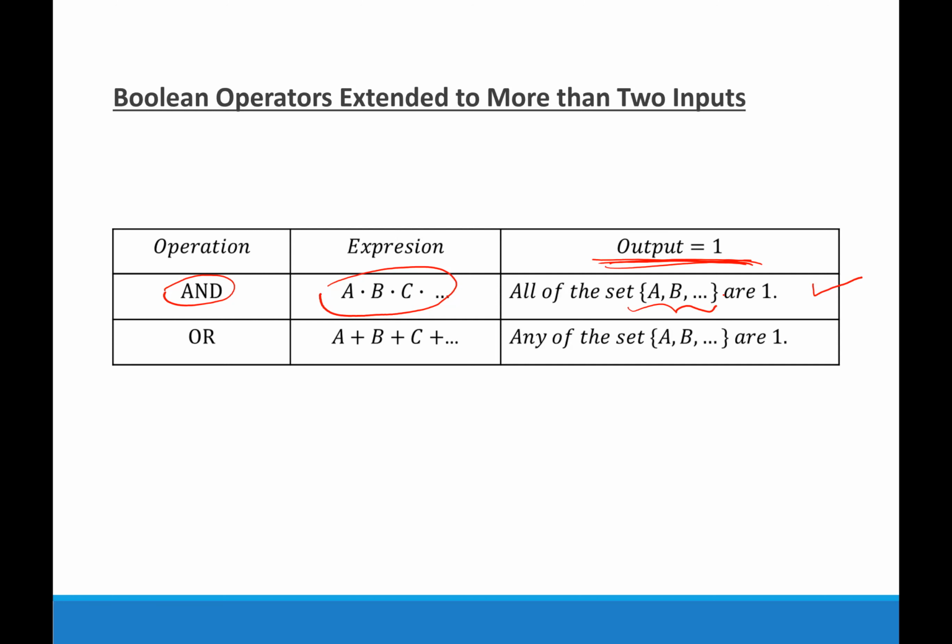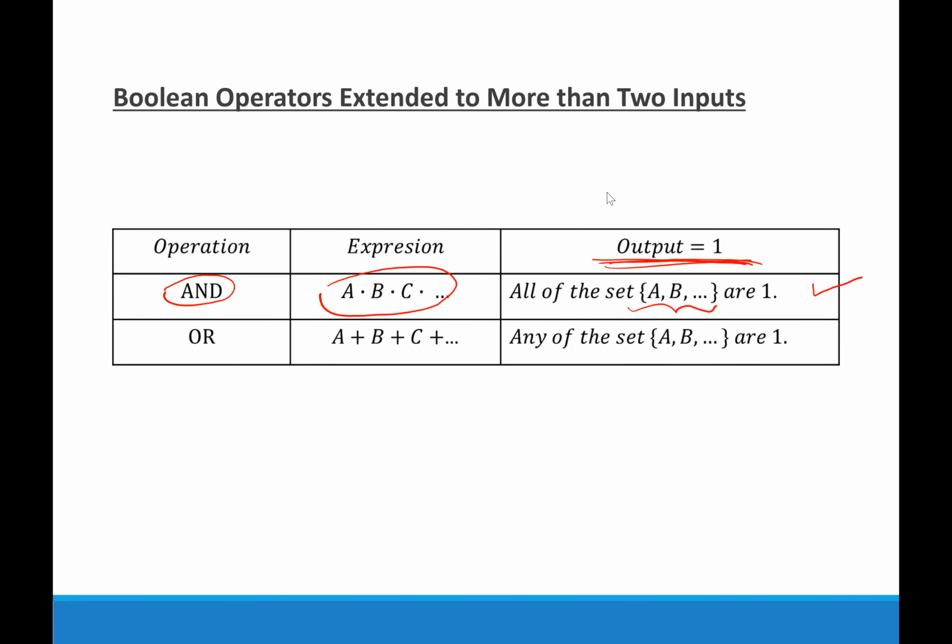Now, what will happen to the output if at least one of these inputs is equal to 0? The output becomes 0.